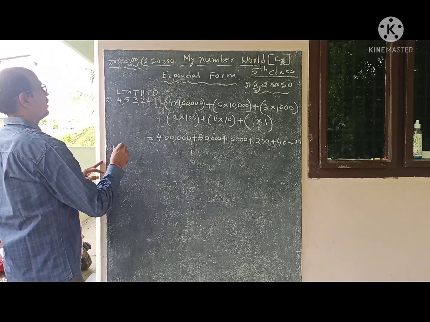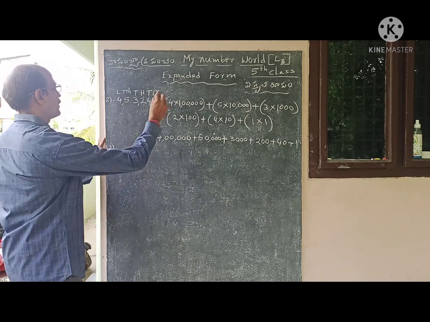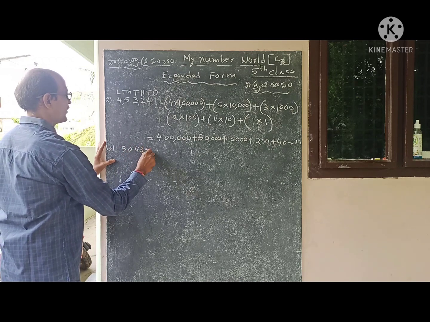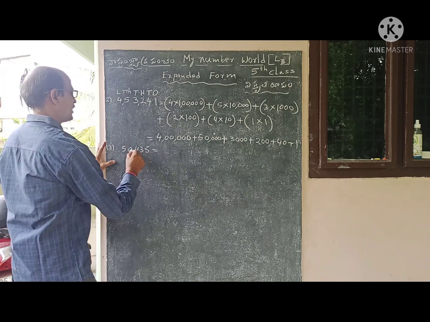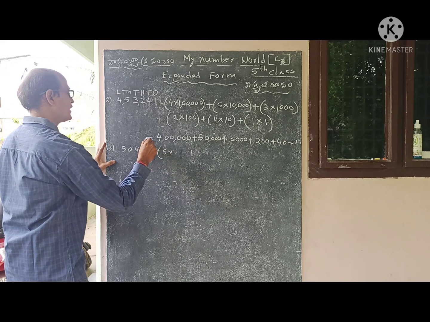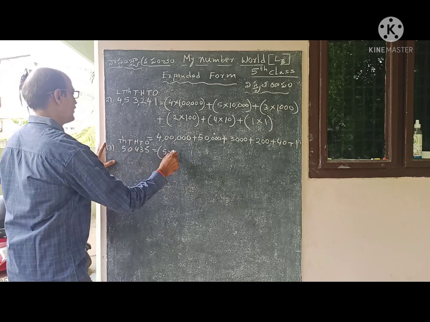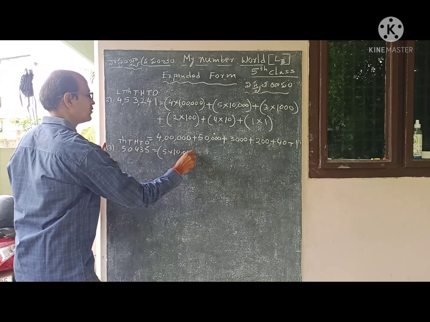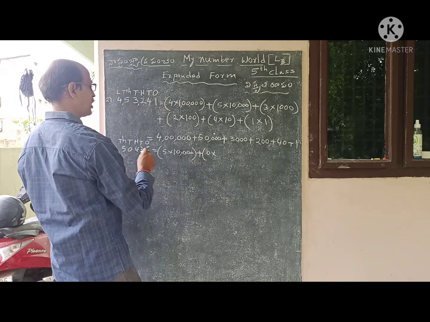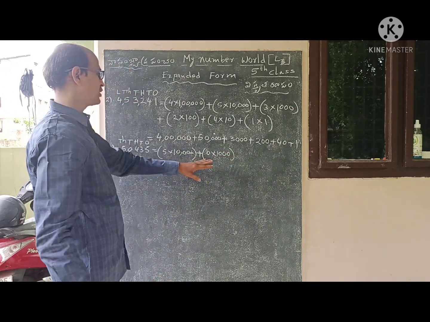If any number has a 0, don't get confused. I will write one number, for example 50,435. If 0 comes, no problem. Write like this way. 5 into 10,000, plus 0 into 1,000, so it will become 0. 0 into something is 0.